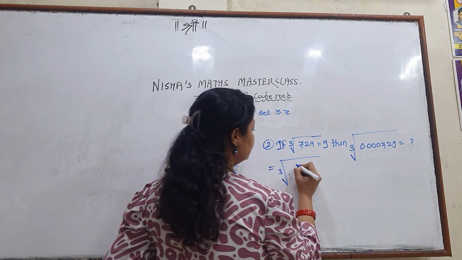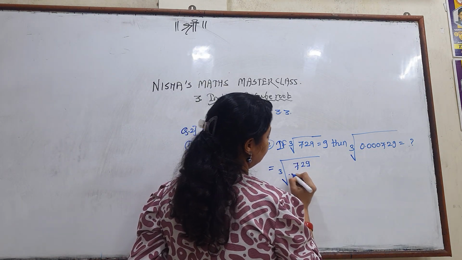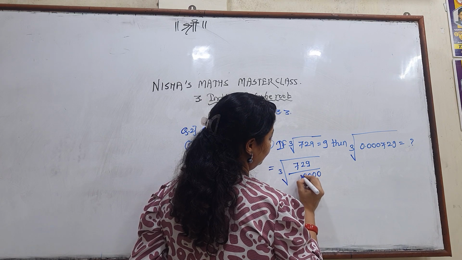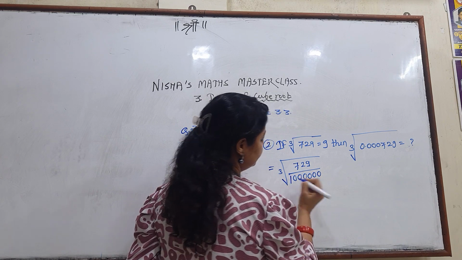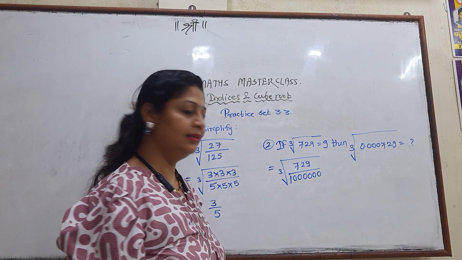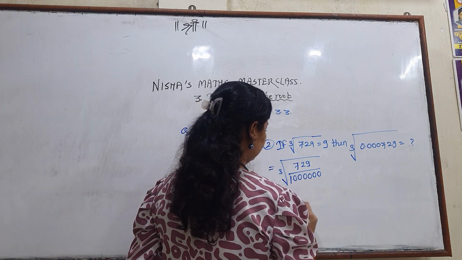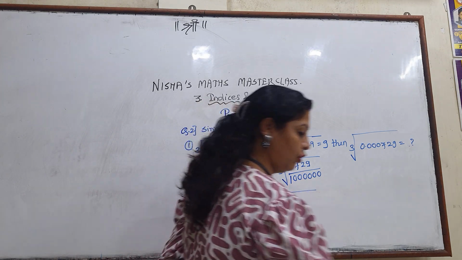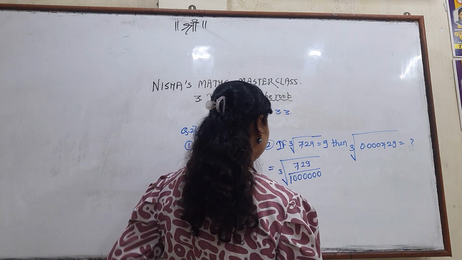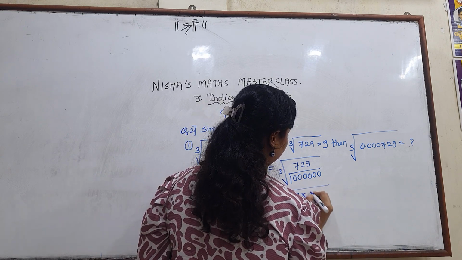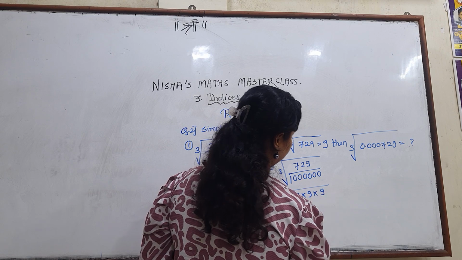So 729 and 1, 2, 3, 4, 5, 6, 7 zeros. Understand? Now the next one, we have to write down the cube root of this, 9 into 9 into 9.